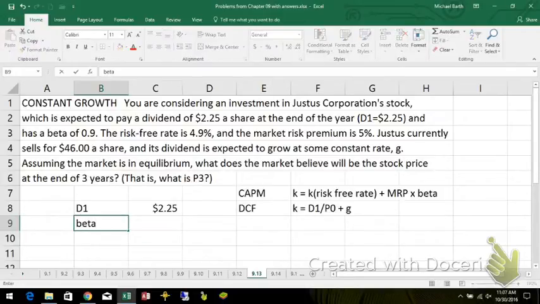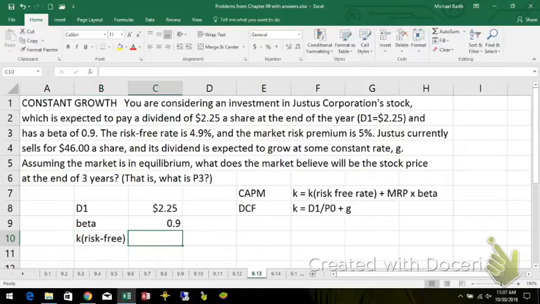There's a beta for Justice Corporation of 0.9. The risk-free rate is 4.9%. The market risk premium is 5%.